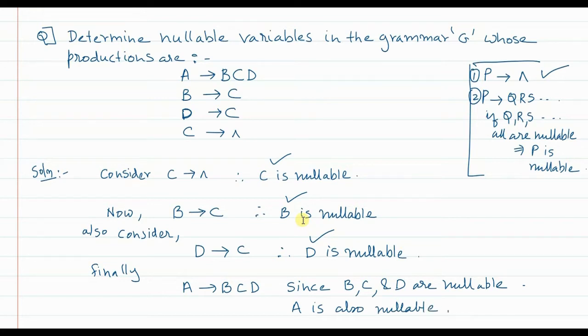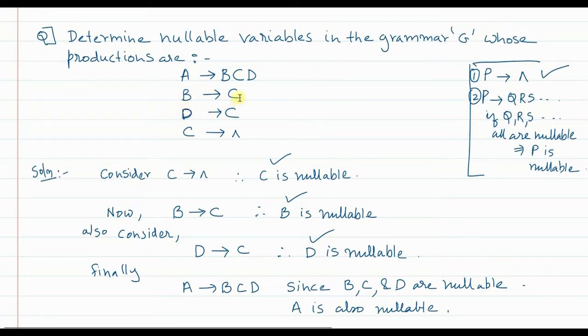A very simple proof. When you see the production C gives null, this is directly nullable. I can say that C is of the form P gives null. So that time I say P is nullable. So in this case C is nullable. Now once I know C is nullable, if you see the second production, D gives C, on the right hand side there is C, and we already know that C is nullable. So if all the elements on the right hand side are nullable, then the left hand side non-terminal is also nullable. So that's why I say D is also nullable.